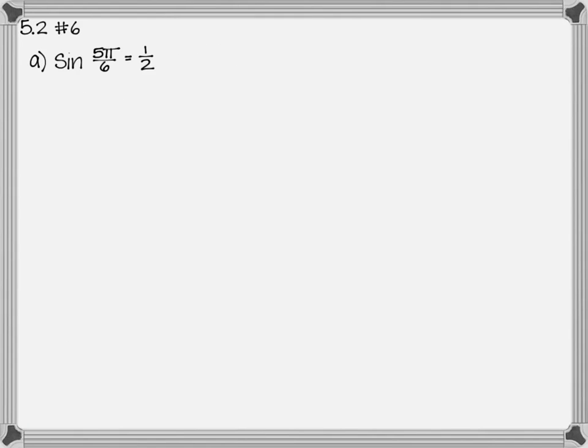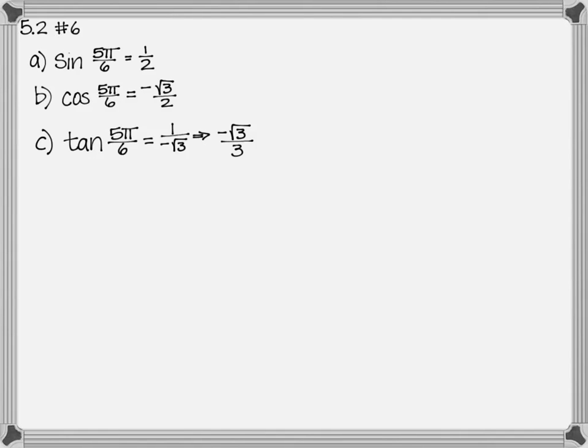Problem number 6 says sine of 5 pi over 6. Again, I would expect you to look on your unit circle at 5 pi over 6. Sine is asking you what the y coordinate is at 5 pi over 6, and the y coordinate at 5 pi over 6 is 1/2. Cosine of 5 pi over 6 is asking you for the x coordinate, and tangent is the sine divided by cosine, the y divided by x.